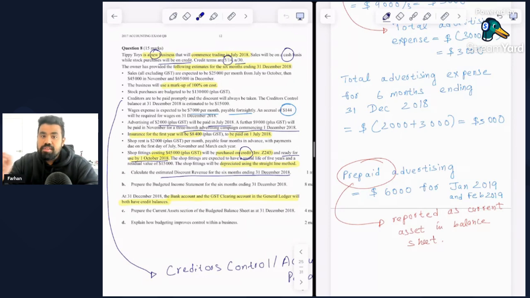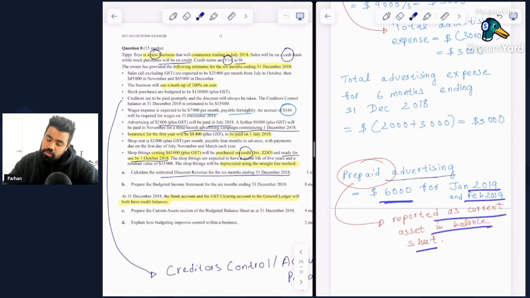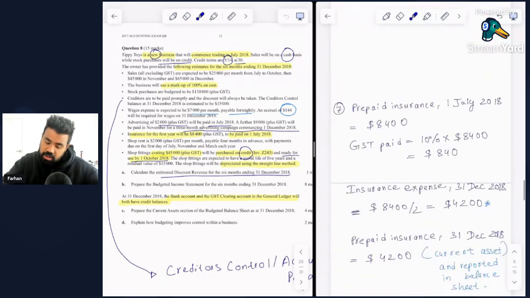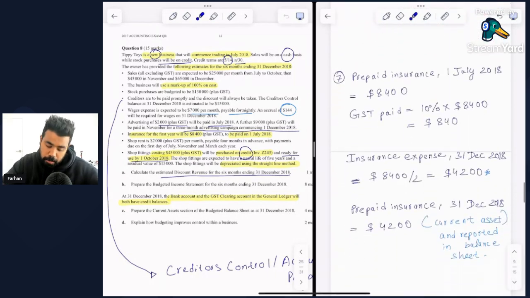This means these are current assets of the business at 31 December 2018. So the prepaid advertising should be for 2 months, $6,000 altogether for January 2019 and February 2019, which are reported as current assets in the balance sheet. Okay? So be careful with what you understand, because if you get this right, you will get full marks for sure in the exam. So let's move to the next point, which is point number 7.